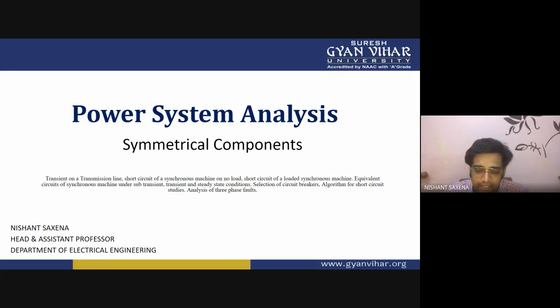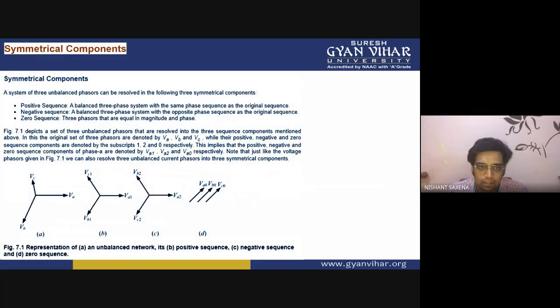This is the second lecture in which we are going to discuss the symmetrical components of power system analysis. Basically, in this, we are going to discuss what the symmetrical components are in detail: what the positive sequence, negative sequence, and zero sequence components are.